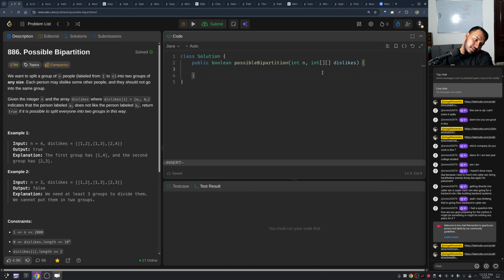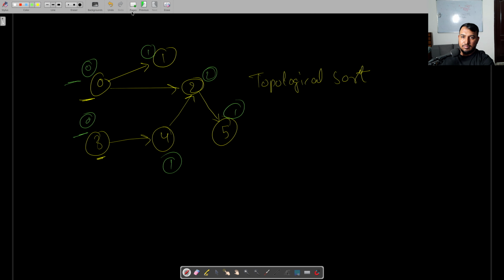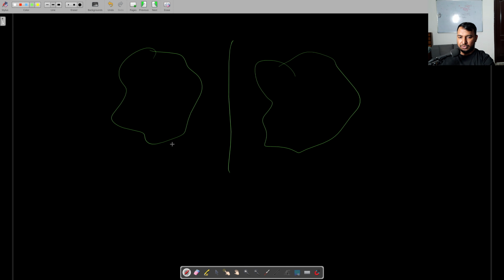This seems like you want to partition into two groups. You have a person here, a person here, a person here. This person can dislike this person, but there shouldn't be any edge between these.